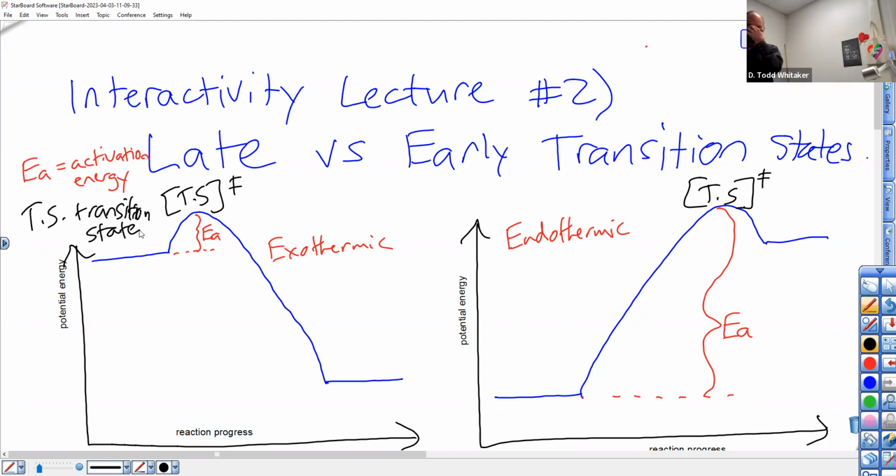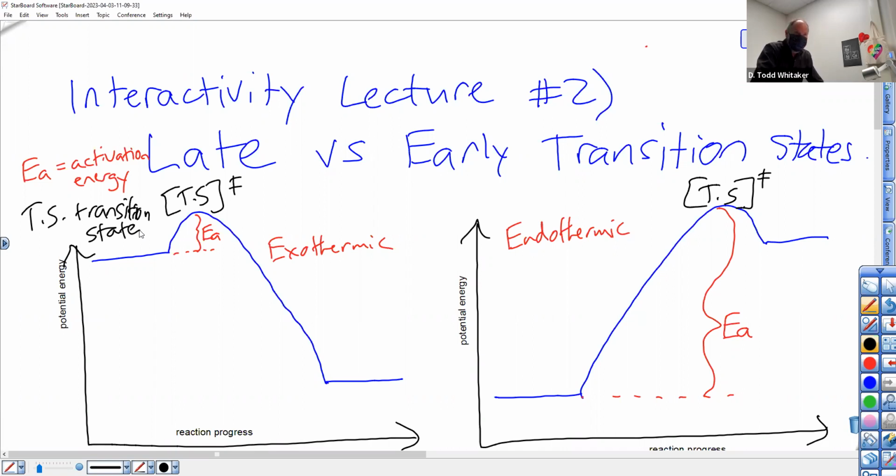Good. Are transition states the same as intermediates? Intermediates are like the bottom of a hill. TS is unique. It's at the top of every hill. And its name is what it says.